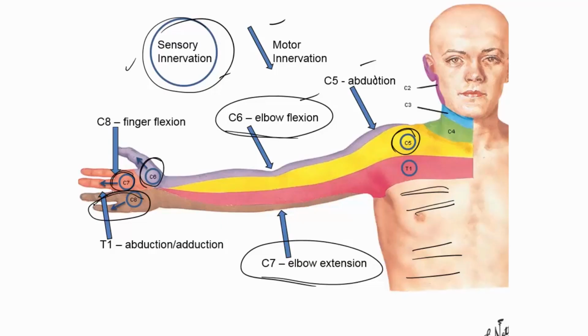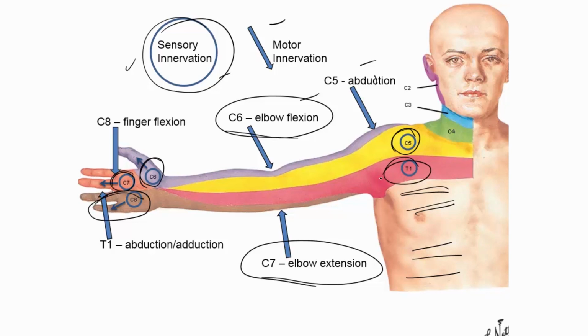And again, we would expect trauma to or numbness of the medial aspect of the digits, in other words, to the little finger. And then if we look at T1, that's finger abduction and adduction. And from a cutaneous standpoint, we're back up to the axillary region.